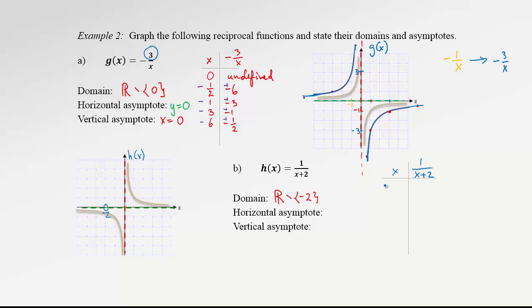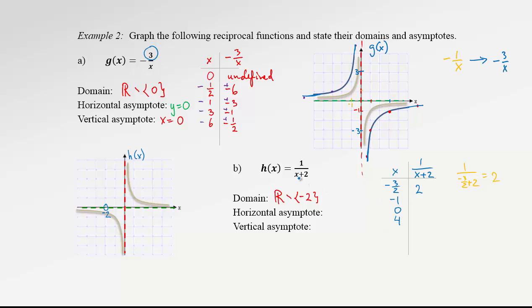Higher than -2, let's say -3/2, and then maybe -1, and then maybe 0, and another number 4. Okay, let's see. For -3/2, this time we may need some calculations on the side, so 1 over -3/2 plus 2. 2 minus 1/2 is 1/2, so 1 over 1/2 is the reciprocal of 1/2, so that makes it 2. Okay, so this value is 2.